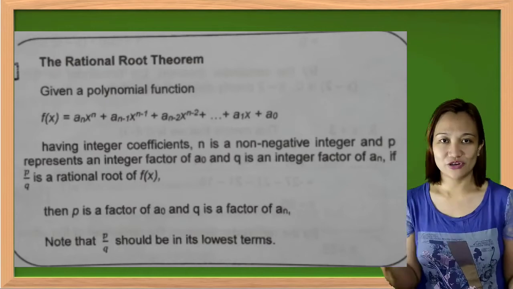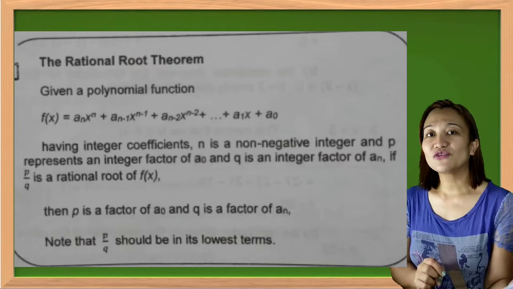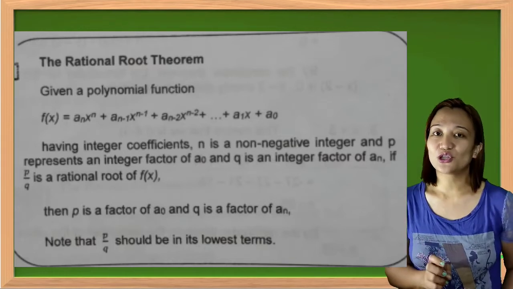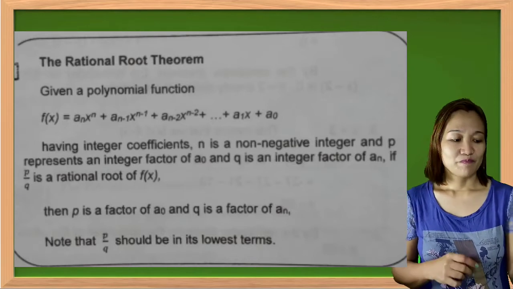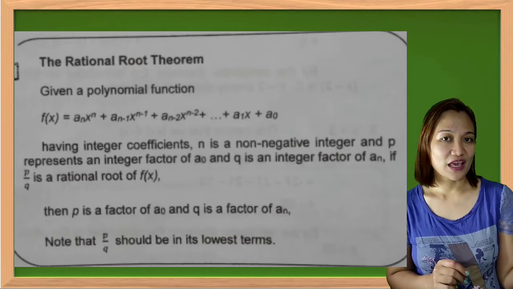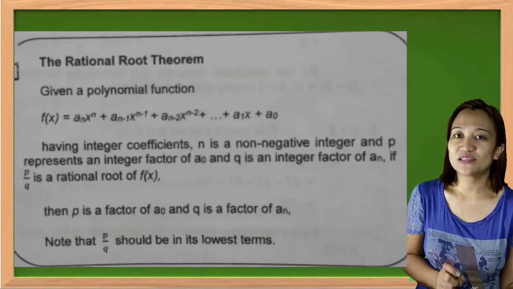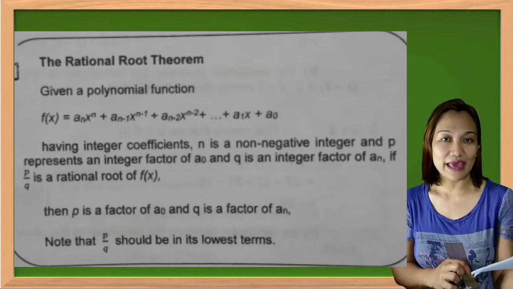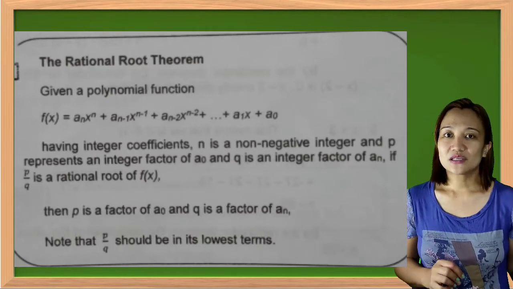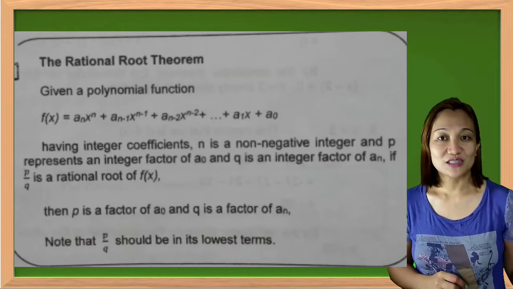So, P over Q. Because if P over Q is a rational root of f of x, then P is a factor of the constant term, a sub 0, and Q is a factor of the leading coefficient, a sub n. Note that P over Q should be in its lowest terms.